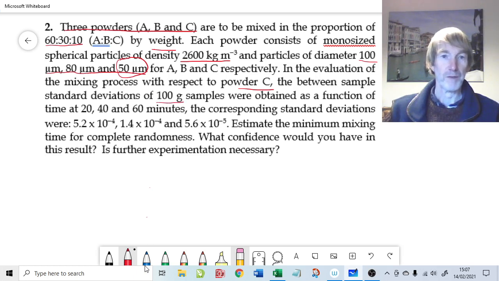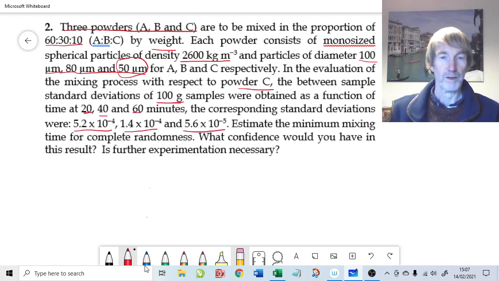There are 100 gram samples being taken from the mixer, and at 20 minutes the standard deviation between the samples of 100 grams each was this value. At 40 minutes it's this value, getting less, and at 60 minutes it's this value.